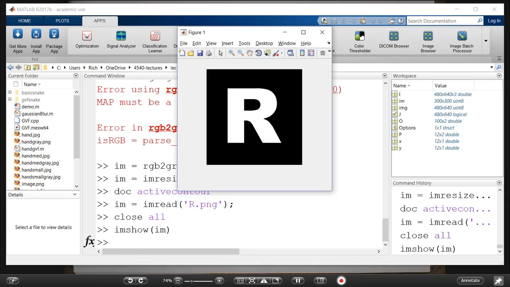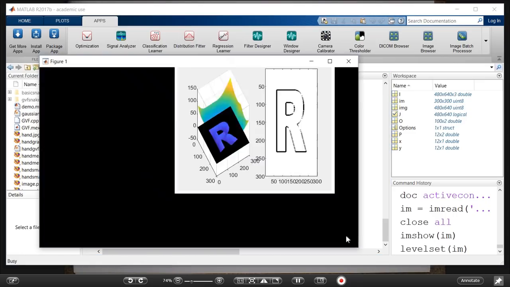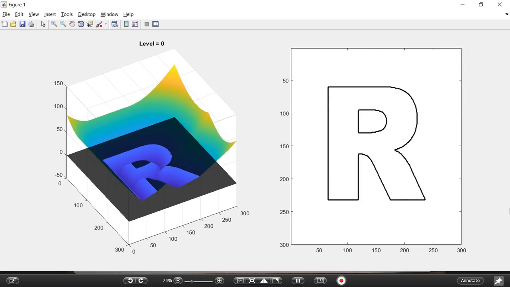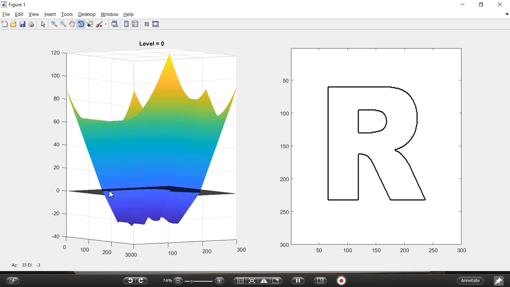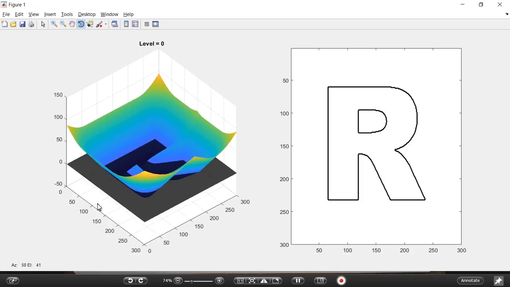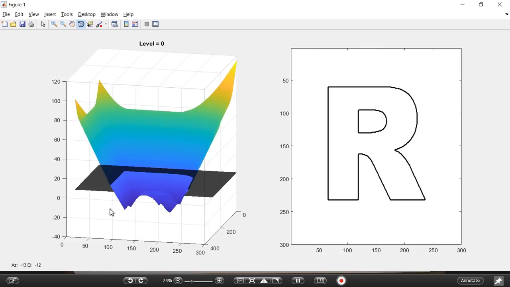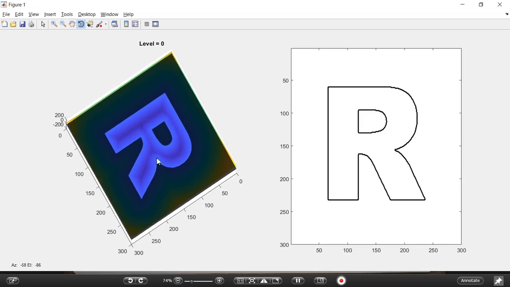And here is a little demo I made that shows that on the left I have a 3D function, this colored thing, right? And it's a function of x and y, and when I intersect this with my z equals 0 plane, it hits the curve, whoops, I guess I'm upside down, in exactly the places that trace out the R.